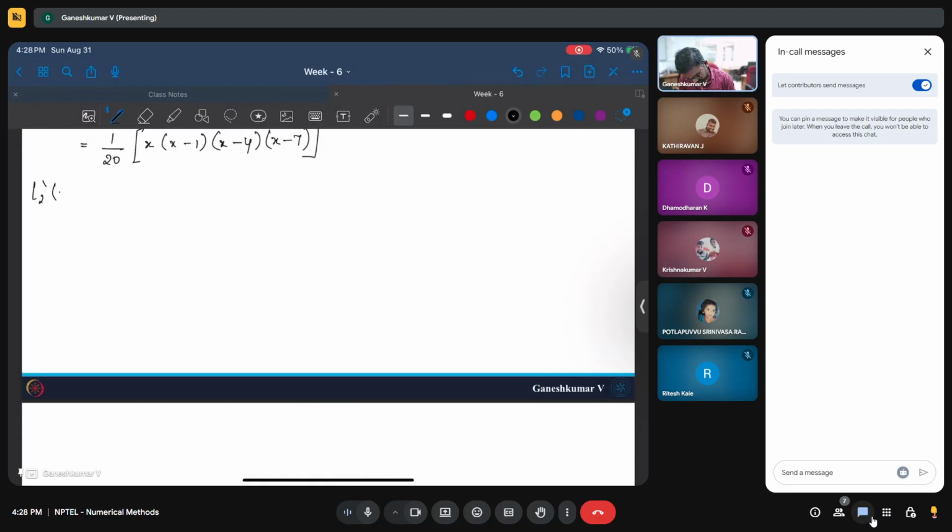L2 dash of x is going to be 1 by 20. Similarly, when you differentiate with respect to x, for the first term the other terms remain the same, so we can write it as x minus 1, x minus 4, and x minus 7.